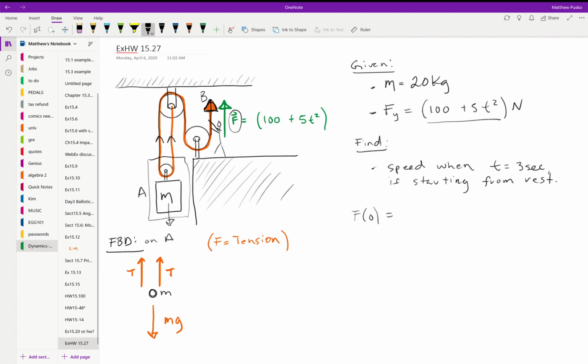So it ends up being about 200 newtons versus the weight, which ends up about 196.2 newtons. So it technically should be accelerating, but they told us in the problem it's starting from rest.